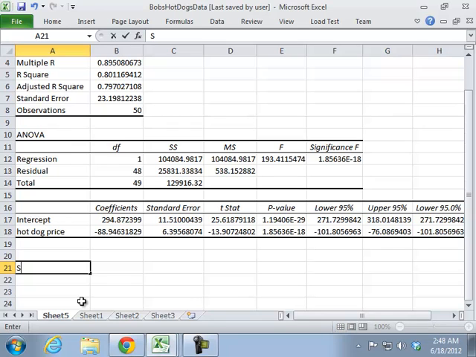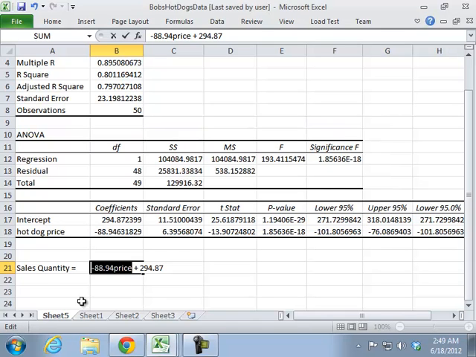And because we said that sales quantity was our Y, what our equation will look like is sales quantity equals negative 88.94 price plus 294.87.